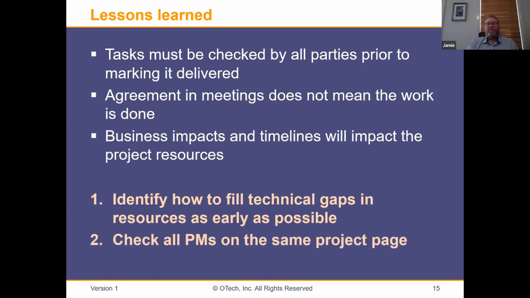The other thing is just to keep all project managers aligned. There were 4 project managers in this project, and one of them had gone rogue. They had decided that their project plan was the only one to work off. It's essential that there is one project plan, everyone is on the same project page, and all the PMs agree that that is the plan. Without it, you don't have anything.